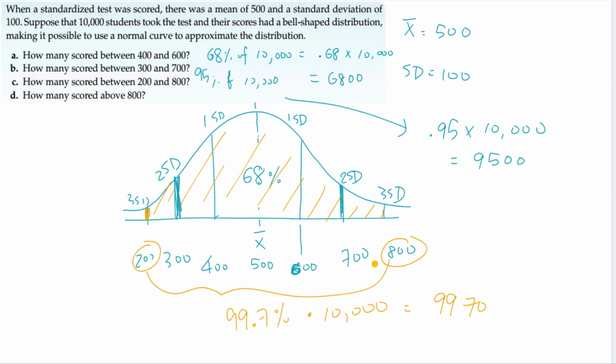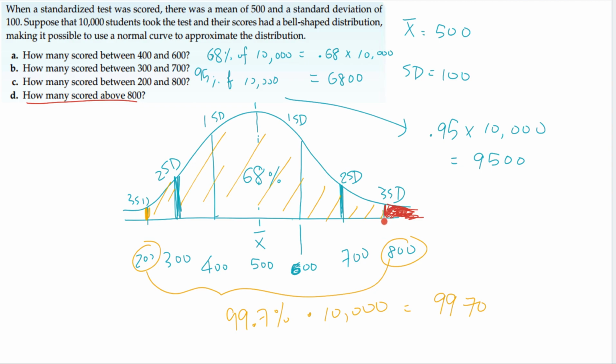We are including more and more students. Now, a little bit challenging question. Part D is asking you to find how many scored above 800. So we are looking at the students above, right here only. It should be very few students, right? How do we find that?